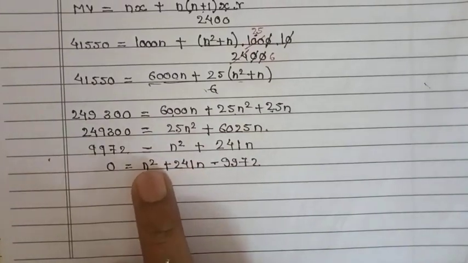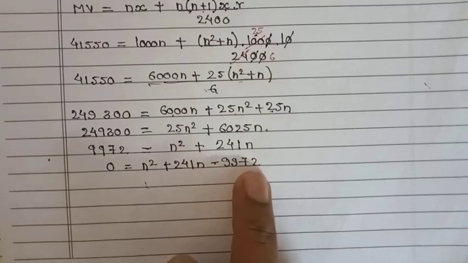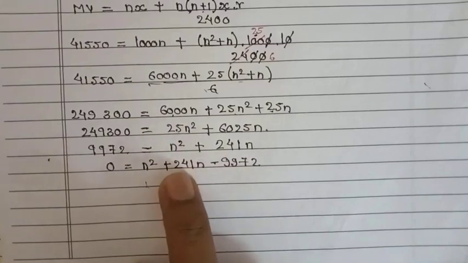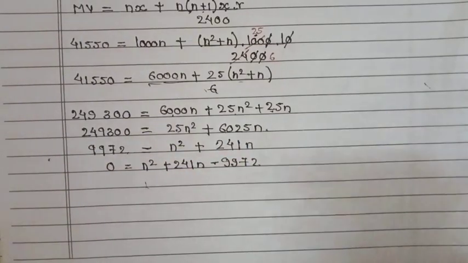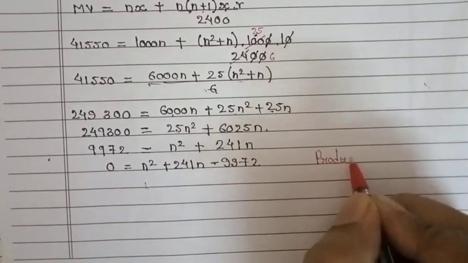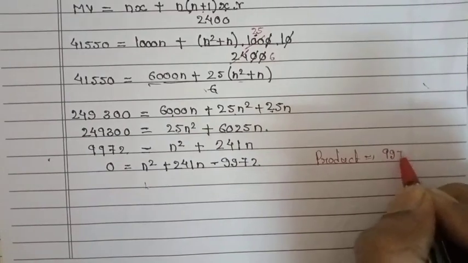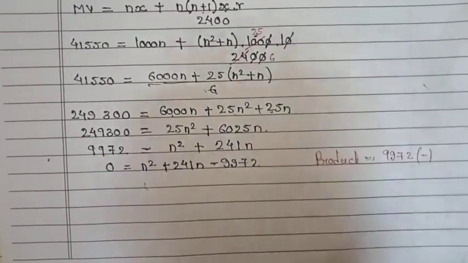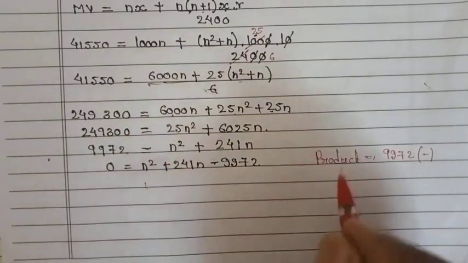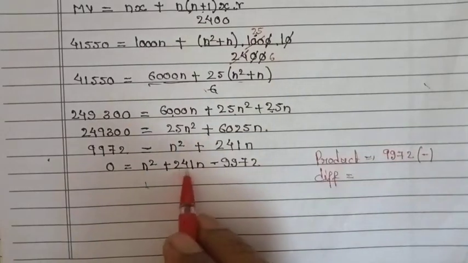Now here you can see product required is 9972, and as the product is negative, we can say the difference required is 241.